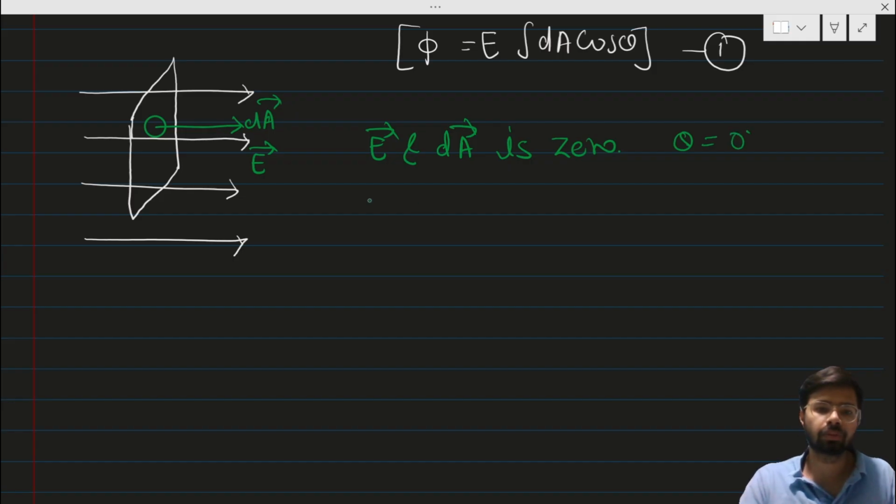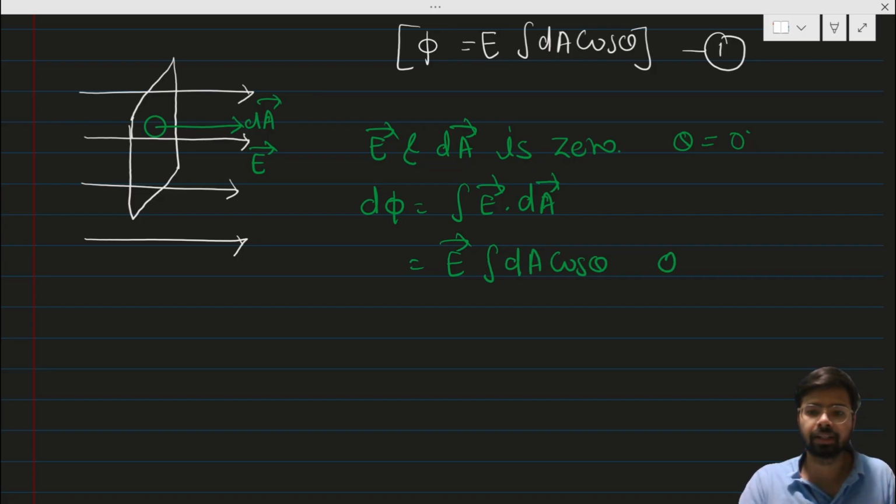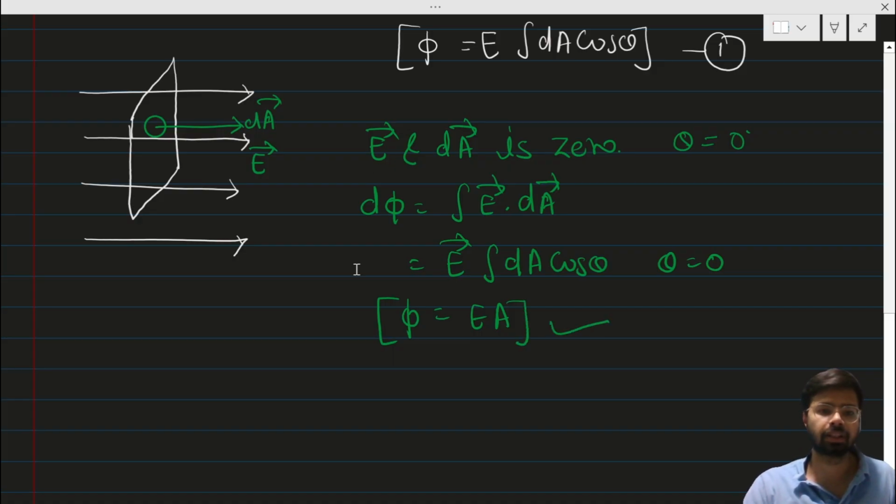So flux d phi is defined as E vector dot dA vector. E can be put outside because it is constant, and dA cos theta, with theta equal to 0. So simply, flux phi will be E times area. This is flux phi in this case.